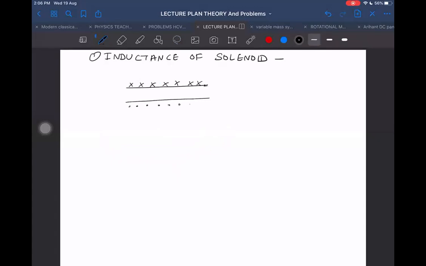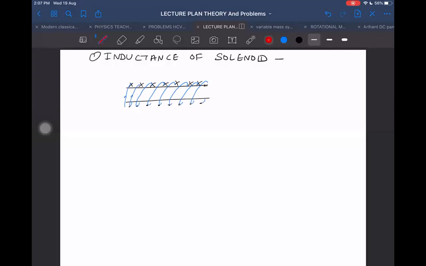This is how we represent a solenoid. It is just telling us that current is entering here and then it is coming out again, entering, coming out, and so on. This is how the current is flowing in this.